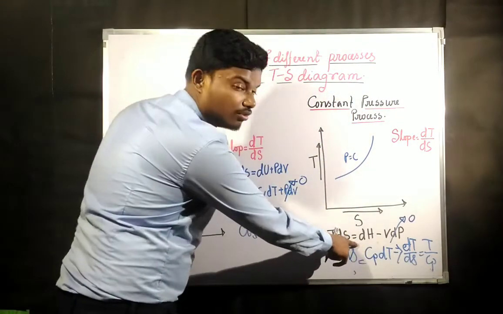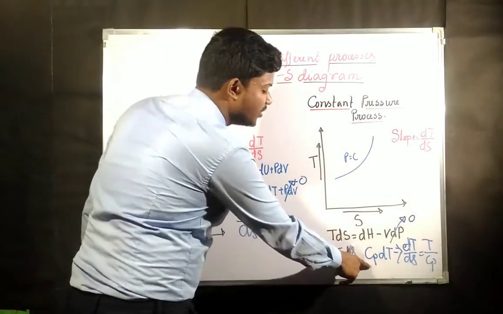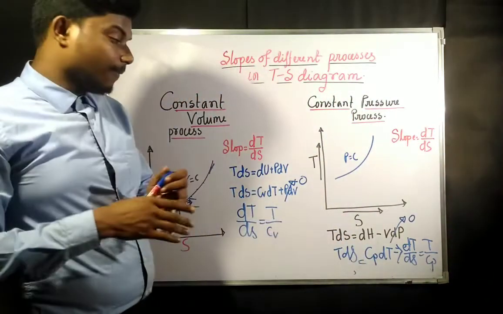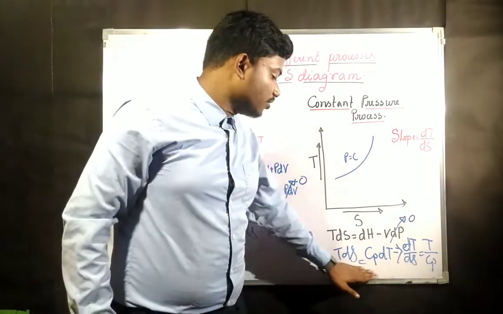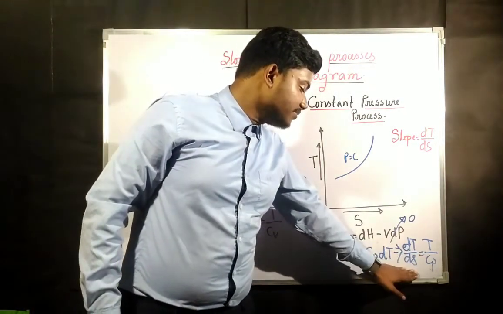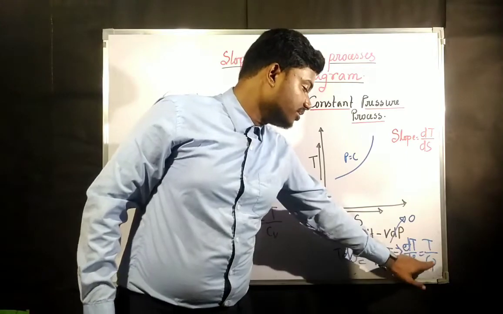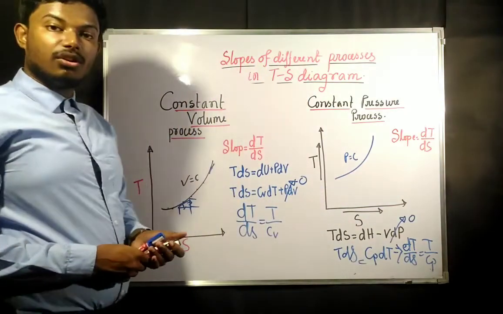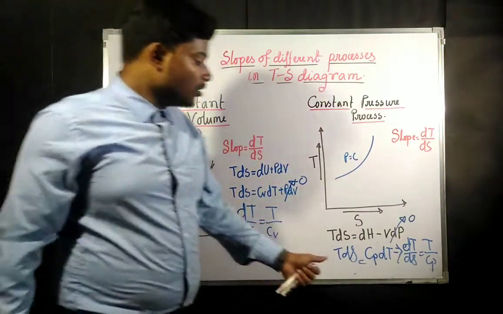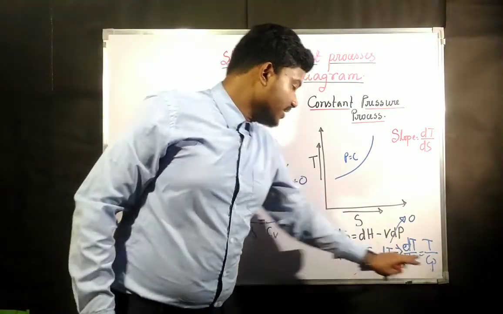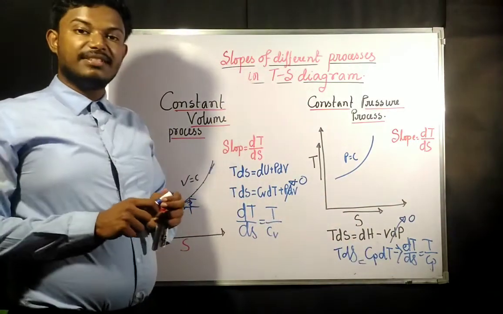This thing we have done earlier: dH equals Cp into dT. So from this equation, we can write dT by dS, the slope, equal to T by Cp. So this is T by Cp and this is T by Cv.